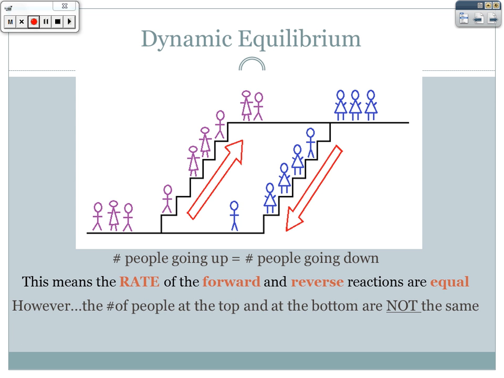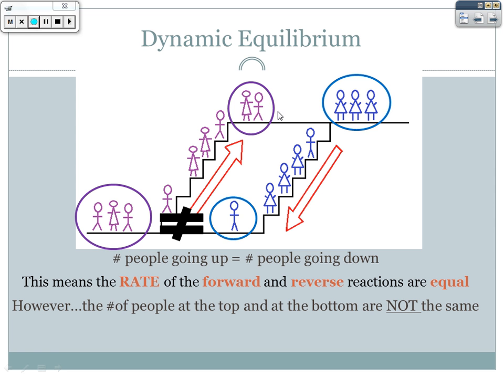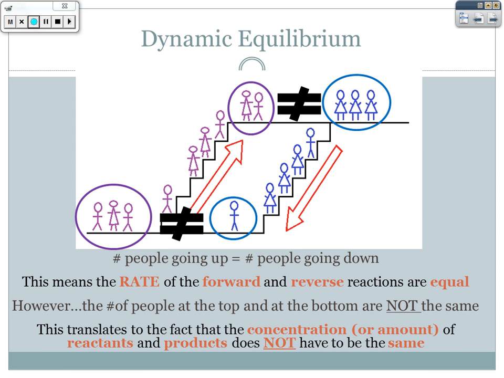However, if you look, the number of people at the top and bottom are not the same on either side or added together. Here on my forward reaction, I have 3 people on the bottom. On my reverse reaction, I have 1. These do not equal each other. On my forward reaction, the products, I only have 2, and over here I only have 3. These are not equal. What this means in chemistry is that the concentration or amount of reactants and products does not have to be the same at equilibrium.